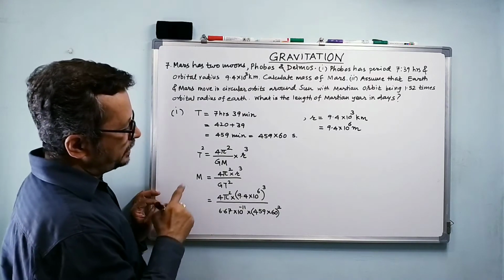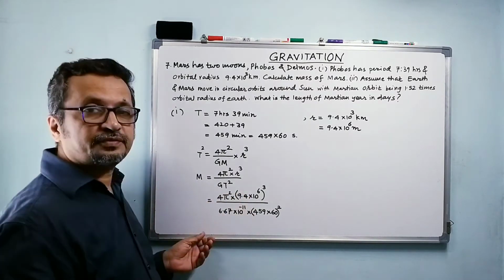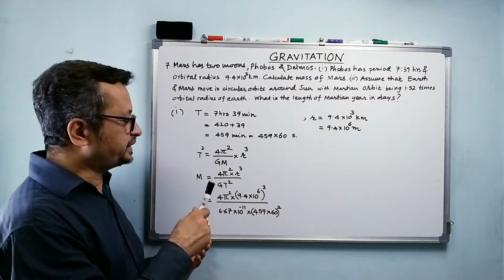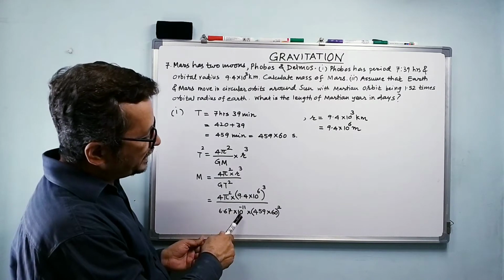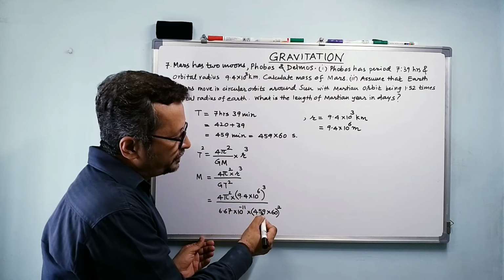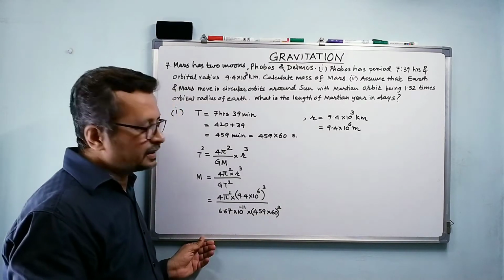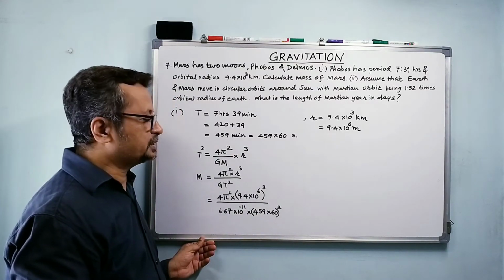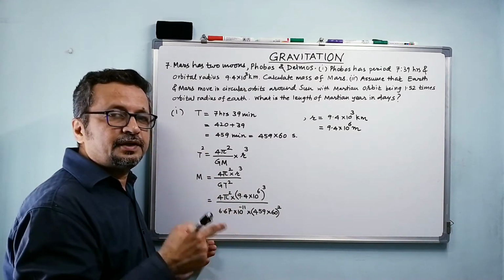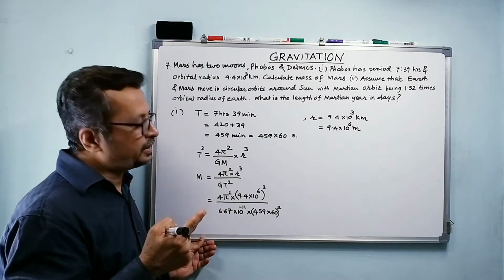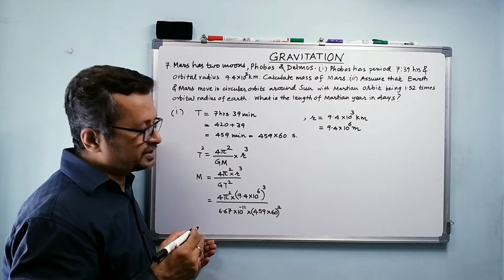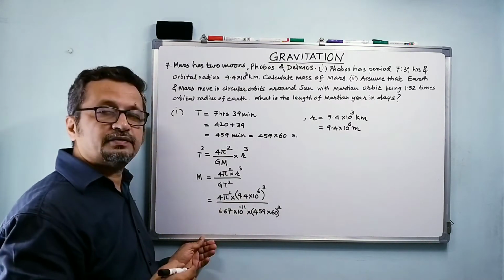So now here let us see the powers of 10. 10 raised to power 6 cube, so that would be 10 raised to power 18. 10 raised to power minus 11, and here this is now 459 into 60, correct? So that would be about how much? Let us say 450 into 6, which would be about 2700, and then square of that, correct?